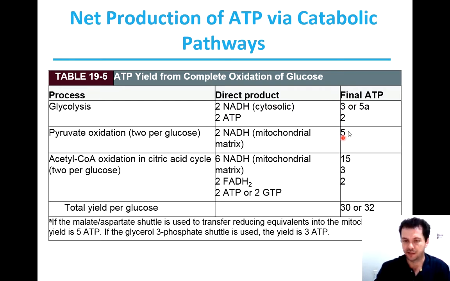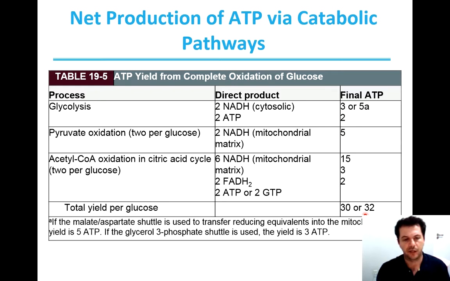ATP synthesized. In the TCA cycle, 6 NADH are produced, which can produce 15 ATP. So this number is if everything produced in glycolysis, pyruvate oxidation, and the TCA cycle is used by oxidative phosphorylation, but it's not always like that.